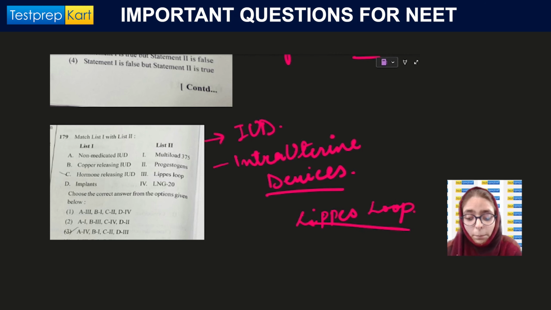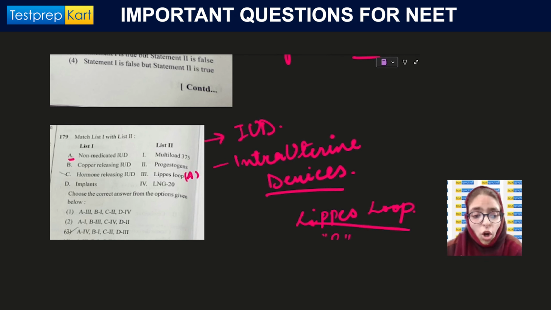This Lippes loop is a plastic double S loop, fitted in the uterine cavity to reduce the incidence of expulsion. So for option A, the correct option will be C. So we will mark here A.